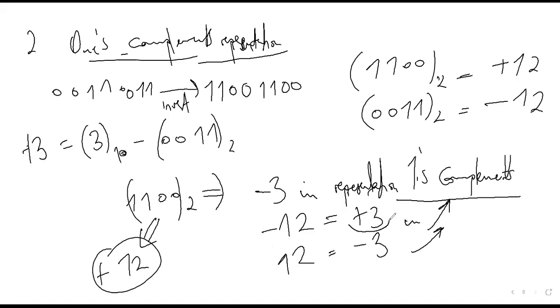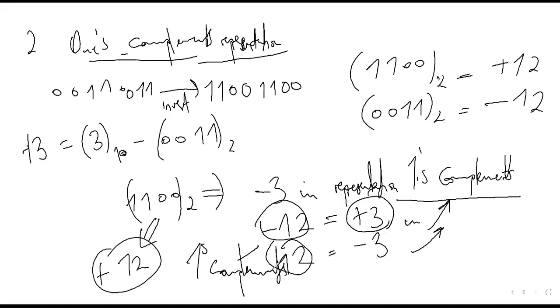Negative 12 is the same as the normal 3 we use in BCD representation or the normal binary representation. And 12 is equal to negative 3 of the normal binary representation. But here, these values are for one's complement. And I think that's it for one's complement.